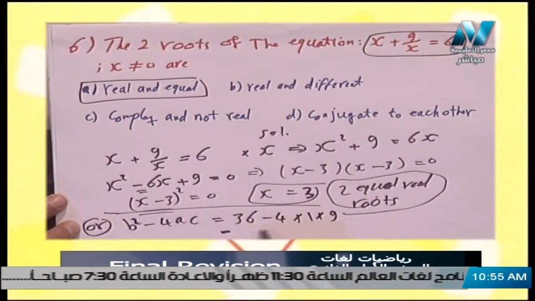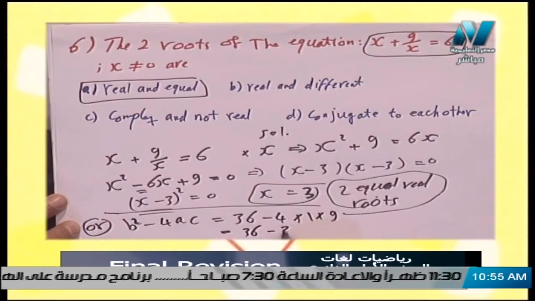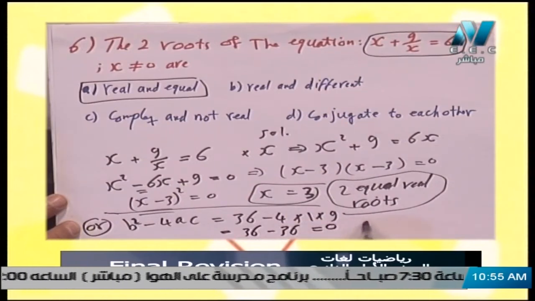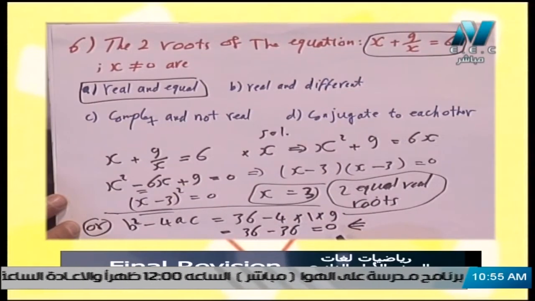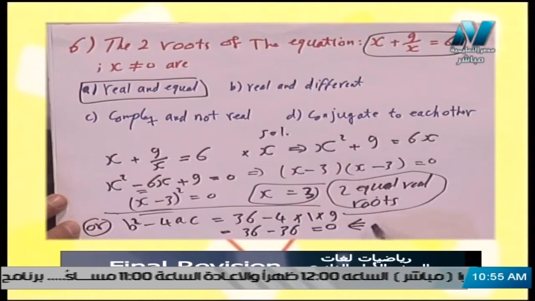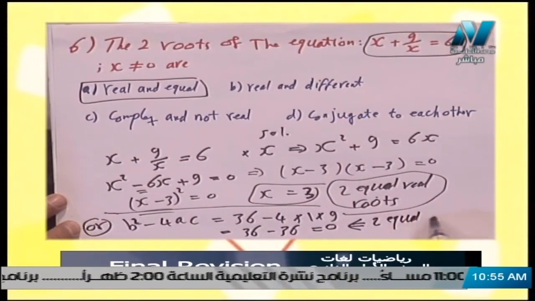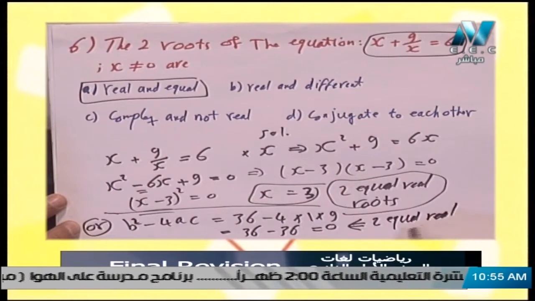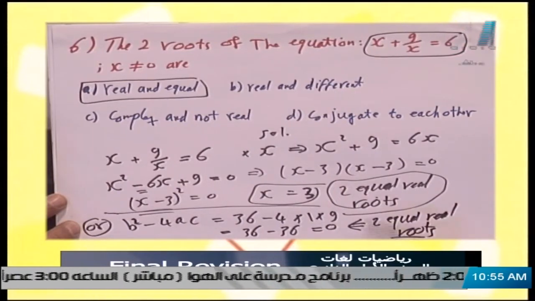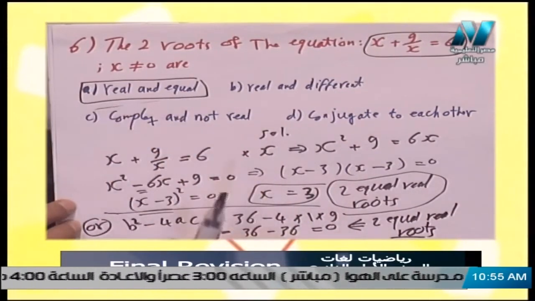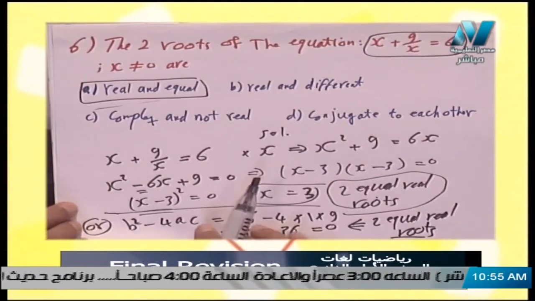So 36 minus 36 equals 0. And when discriminant equals 0, my dear students, we know that we have two equal real roots. So the answer is well, and we have two methods for the equation.